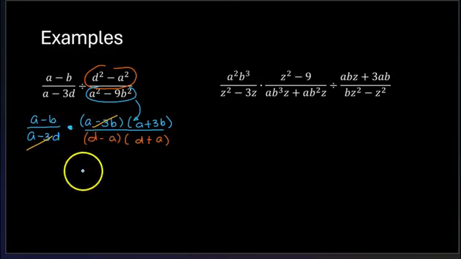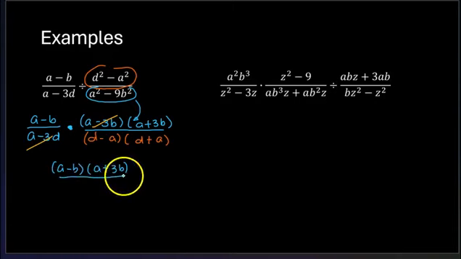Then for the final answer, we have to multiply this again. So I'll just write it down first here. So you cannot leave your answer in this form. You're going to multiply this. So you can do the long multiplication. Okay, I'll just do the short.